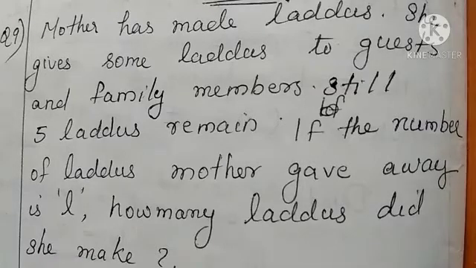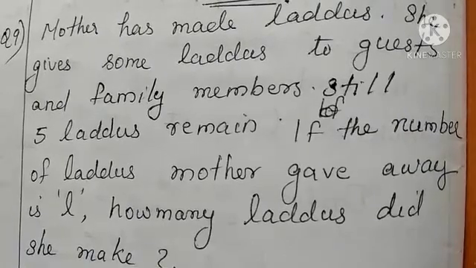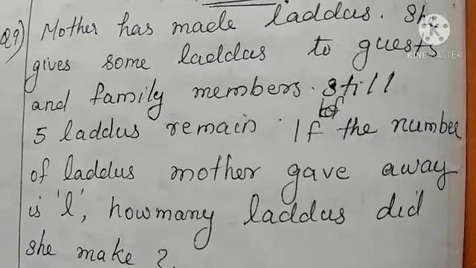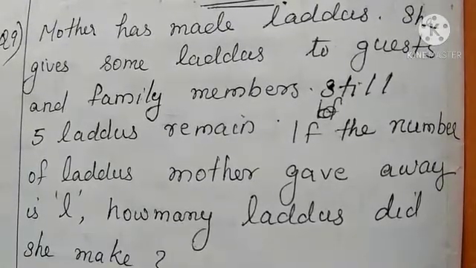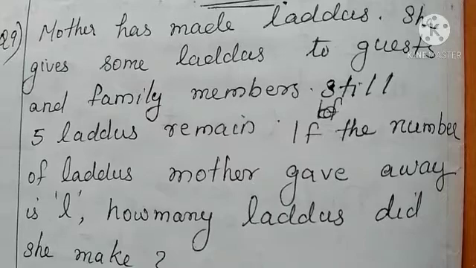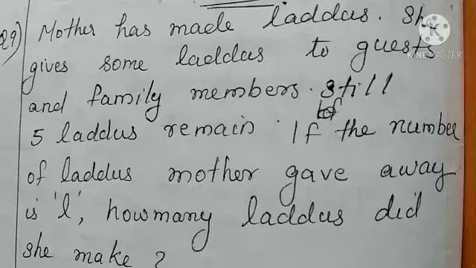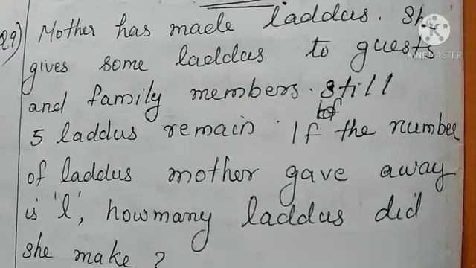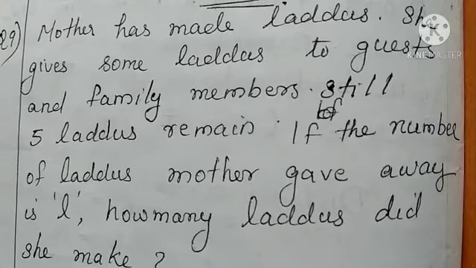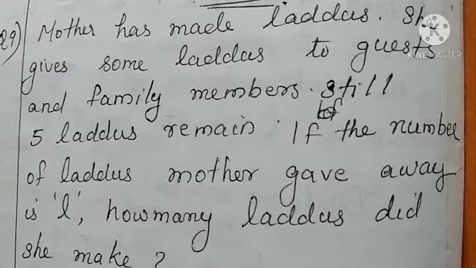Distributed laddus, suppose it is L. So L plus 5 laddus she has made. Understood? That means for L we can take any number. That is the importance of variable. We can substitute any value for L. If the mother had distributed 25 laddus, then how many laddus did she make? 25 plus 5, remaining laddus 5.